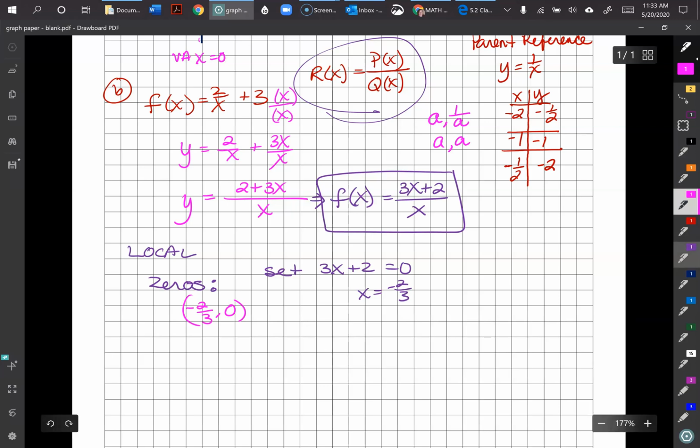So we're looking at all our different pieces here. Let me mark them up. Okay, zeros, and then vertical asymptotes are next. And what we want to do for that is set our q of x, our denominator, equal to 0.